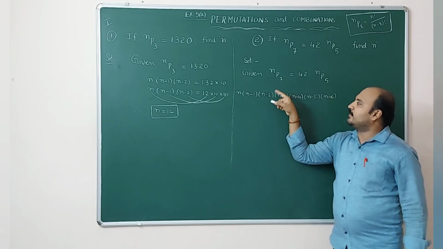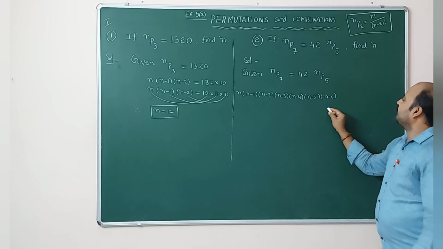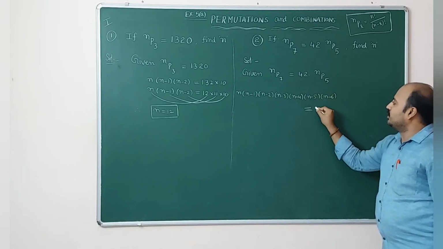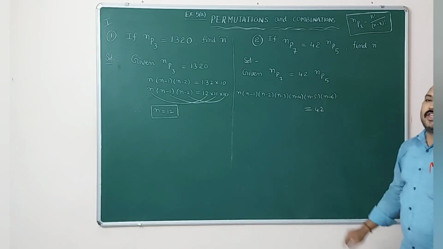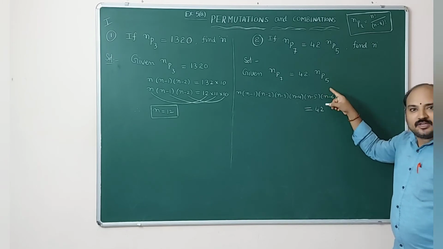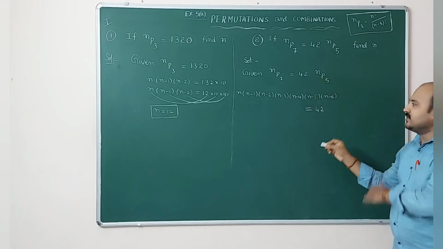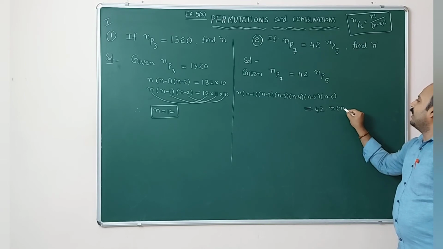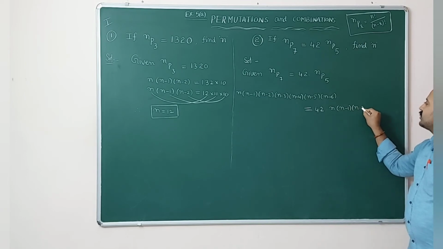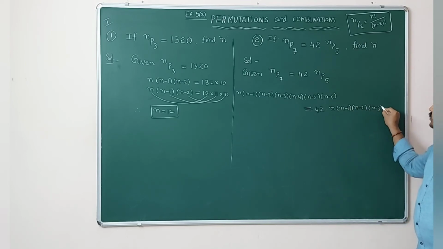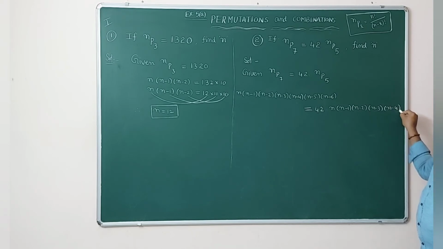So nP7 means the product of 7 terms, which is equal to 42 into nP5. That means the product of 5 terms including n in decreasing order: n into n minus 1 into n minus 2 into n minus 3 into n minus 4.